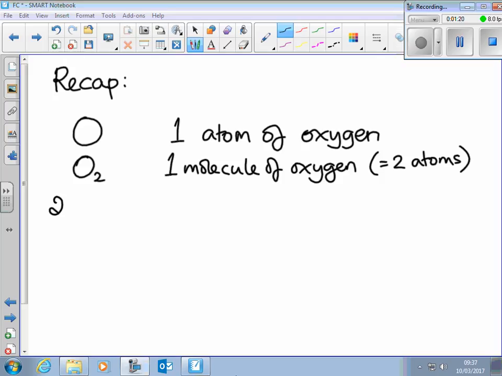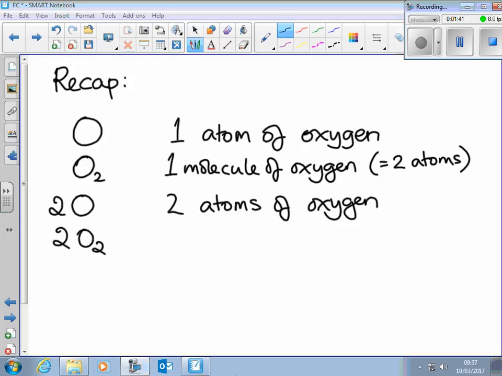If I do 2O like that, it's something that doesn't exist, but that is two atoms of oxygen. However, if we put 2O2, we've then got two molecules of oxygen and a total of how many atoms? All right, so we've got 4 atoms altogether.